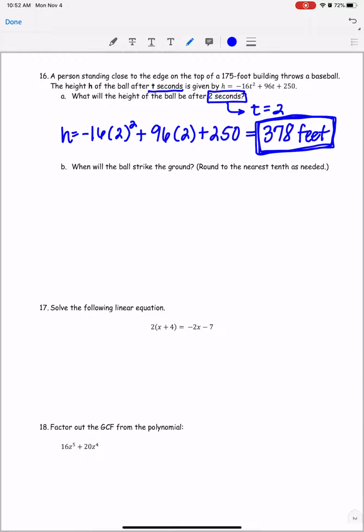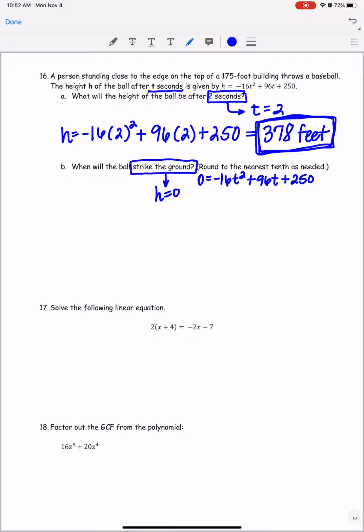Now, B isn't as easy. When will the ball strike the ground? We've done this for 2 lessons now. Hopefully by now, when you see strike the ground, that means your h is 0. So I've got 0 equals negative 16t squared plus 96t plus 250.